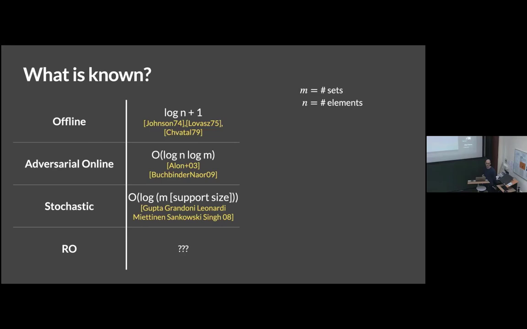So we also know lower bounds. Okay, I'll mention one more result, which I'm calling the stochastic model. In this model, you're given a known distribution over elements, and then you're sampling n elements from this distribution. Now the support size of that distribution might be much larger than n. In this paper by Anupam and some co-authors in 2008, they showed that you can get a log m times support size approximation for this stochastic version.